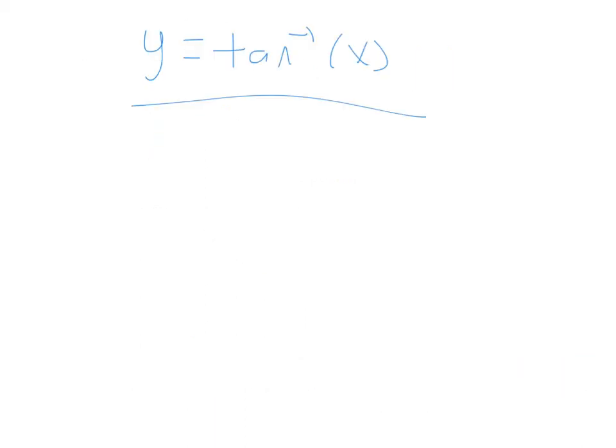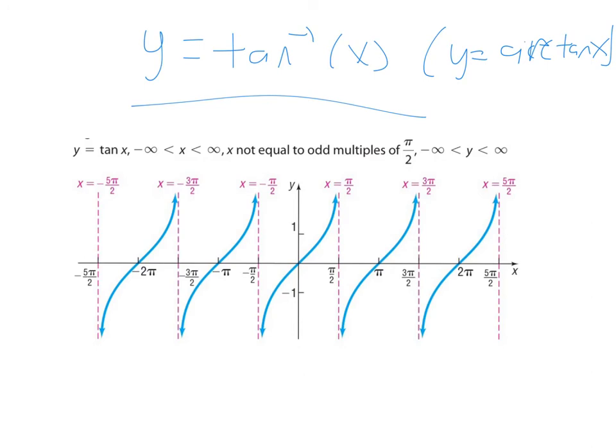Now for tangent inverse of x, which you'll sometimes see written as y equals arc tangent of x. Here's the graph for y equals tangent of x, with the domain being from negative infinity to positive infinity, but with x not equal to odd multiples of pi over 2.